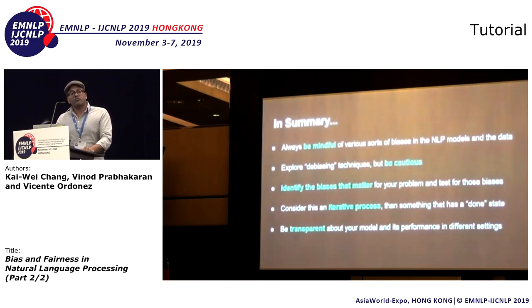So think of it as an iterative process when we intervene on these fairness issues. And also, as I said in the last few slides, be transparent about our model and its performance in different settings so that users can make more informed judgments on how they want to use it.